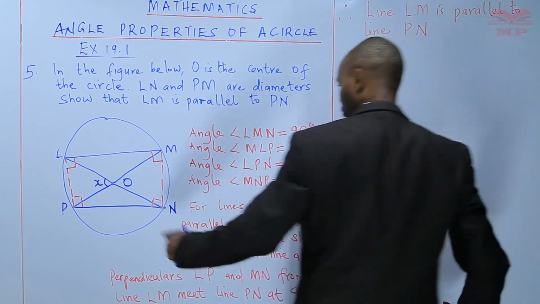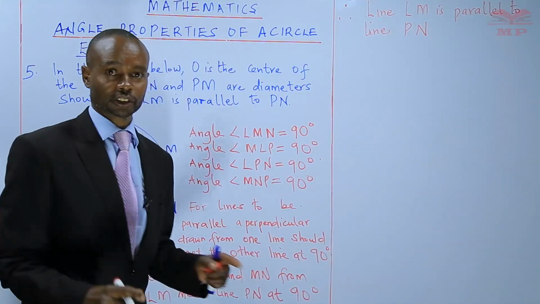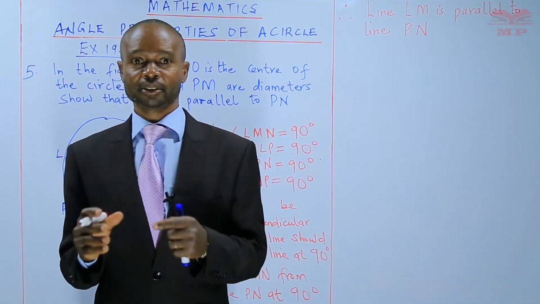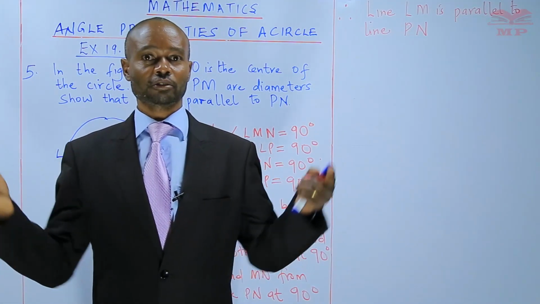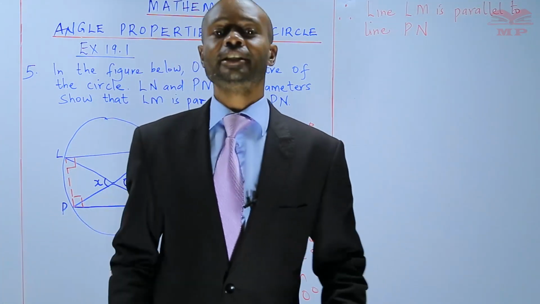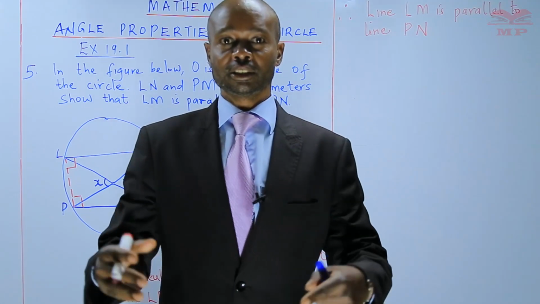That is a direct proof that the two lines are parallel, because the two perpendiculars drawn from one line go to meet the other line at 90 degrees.